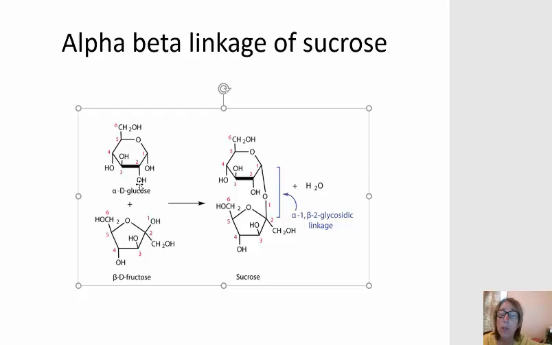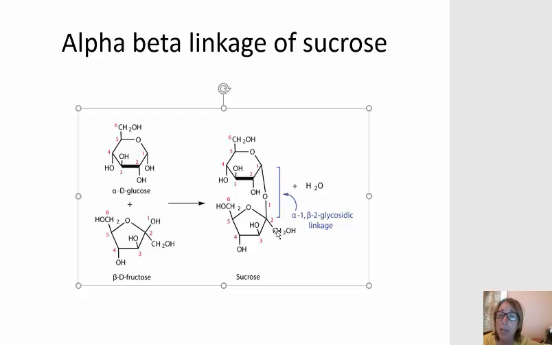So when sucrose is formed, it is always formed from alpha glucose, where the C1 in glucose has the hydroxyl below the plane. And it always forms with beta fructose, where the hydroxyl bonded to the C2 is above the plane.